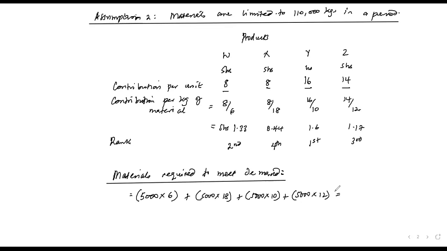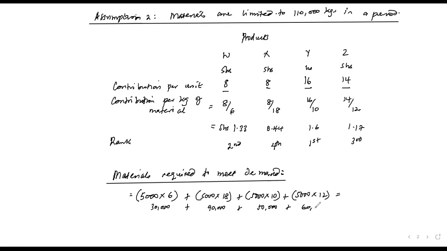So 5,000 times 6, that is 30,000. Then 5,000 times 18, this is 90,000. Then this will be 50,000. Then 5,000 times 12, this will be 60,000.